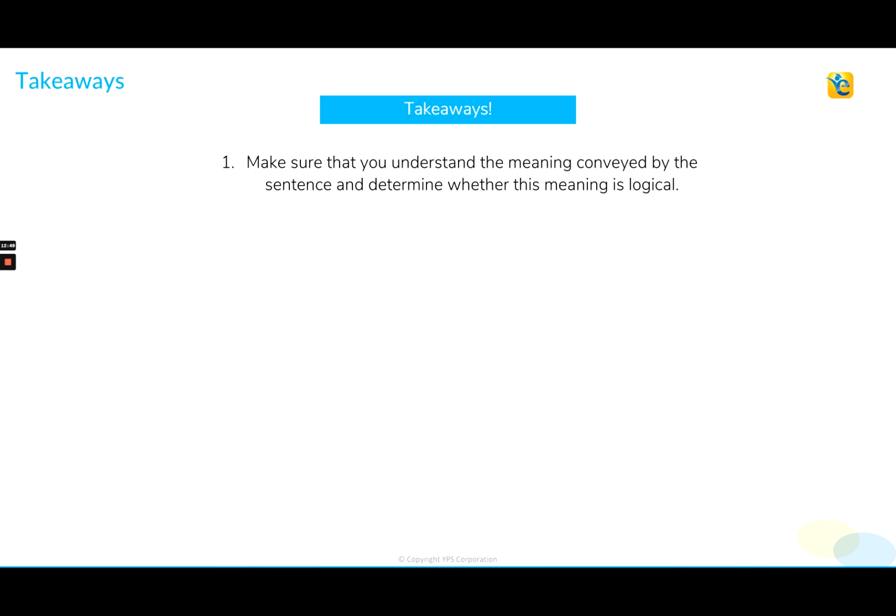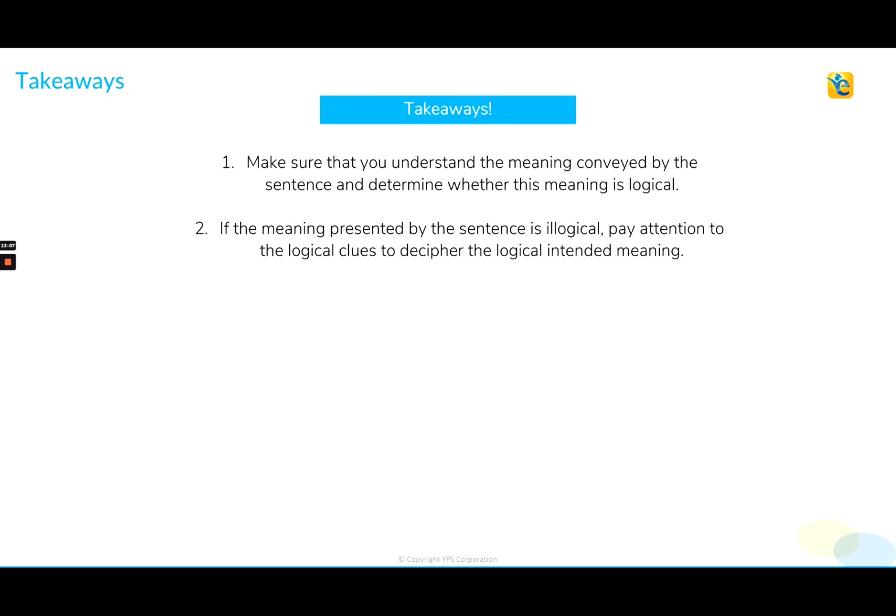A few quick takeaways over here. The first thing that we should do is that we must break the sentence down into smaller pieces and must understand what the sentence is trying to say. And once we extract that meaning, we must analyze whether that meaning is logical or not. If the sentence presents logical meaning, well and good. We move on to step 2 and do the grammatical analysis on the sentence.